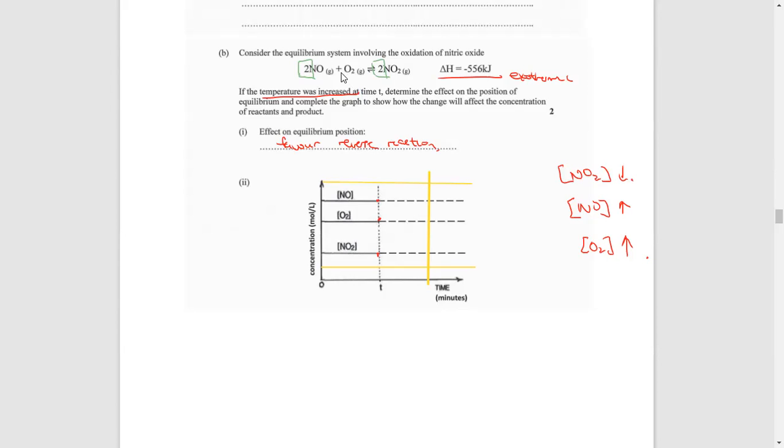So roughly here, approximately. All right, so with all of that in mind, we then just try to draw it so that this will go up and meet here, this will go up and meet here, and this will go down and meet here. So something like this. Of course, once it's there, you want them to be just flat and horizontal.